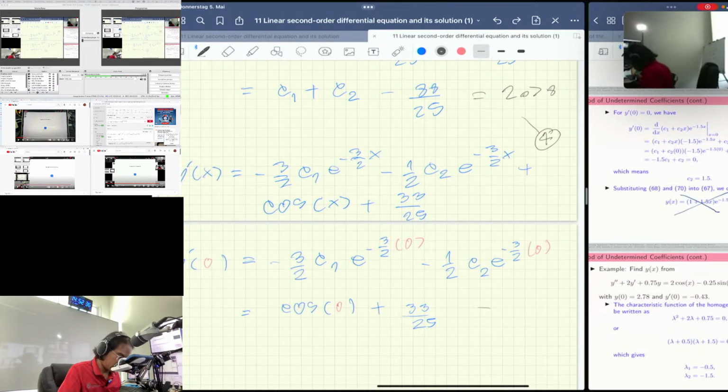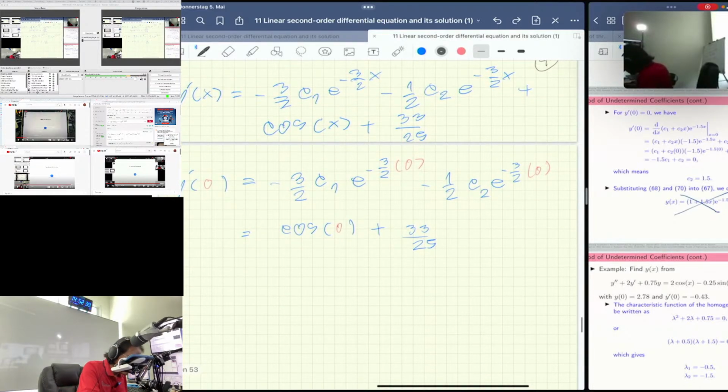No, we have to simplify everything. Here you have negative 3 by 2 C1 plus negative 1 by 2 C2 plus 1, right, which is 1, 25, 25, it's 58 by 25, and it should be equal to negative 0.43.